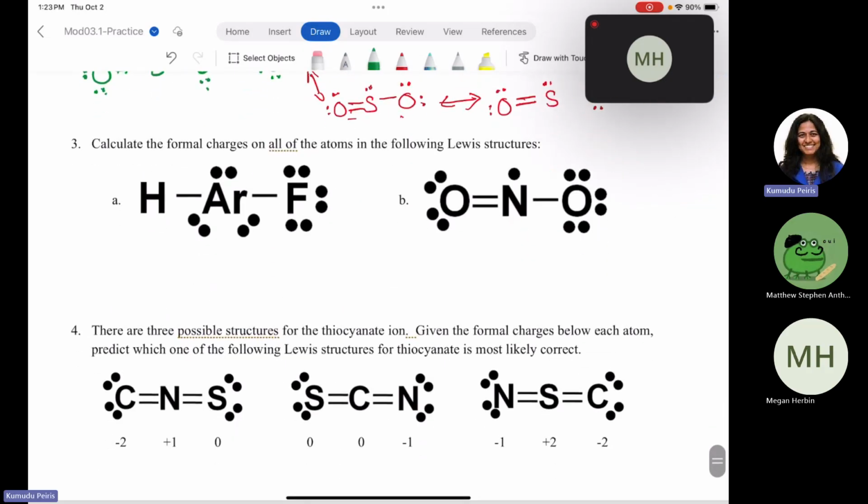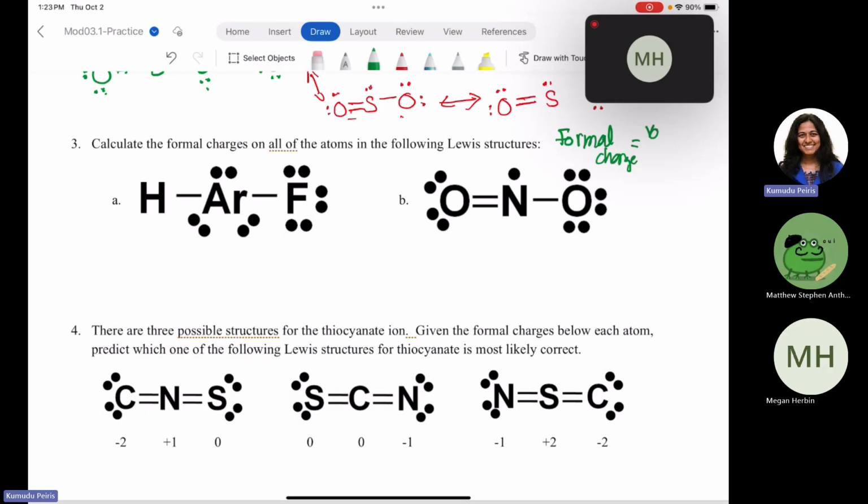Right. Next, we are going to talk about the formal charges. The formal charge, you can also calculate.